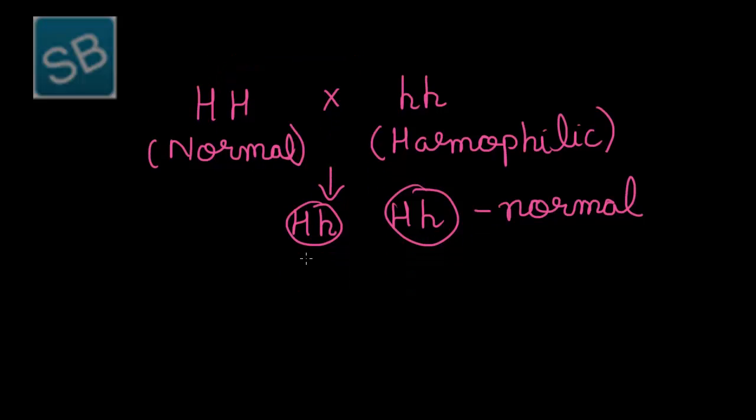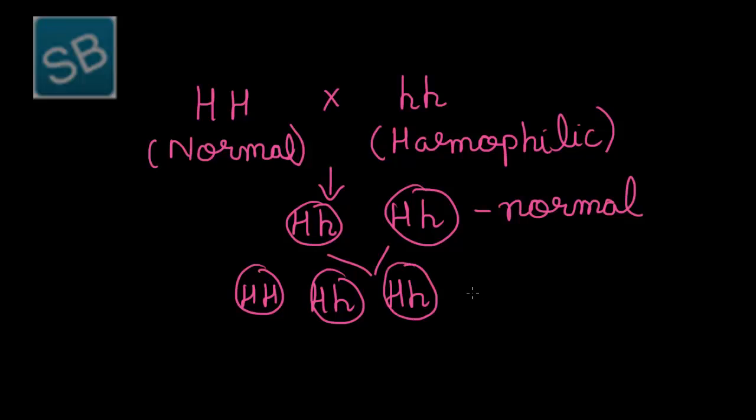Further, in the F2 generation, the result would be HH, that is dominant, heterozygous dominant, again heterozygous dominant, and small h, that is homozygous recessive. So there would be only 1:4 chances, that is 1 out of 4, to get hemophilia.